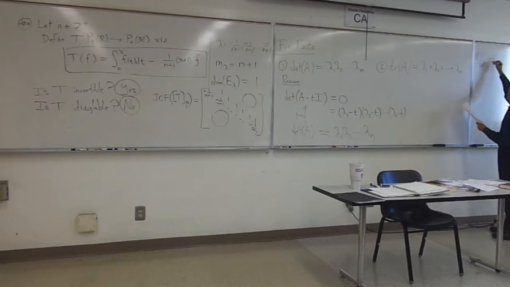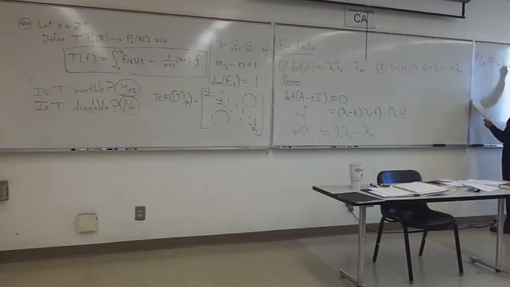But here's what I'm going to do. I'm going to let P be the plane 2x minus y plus 3z equals 0.